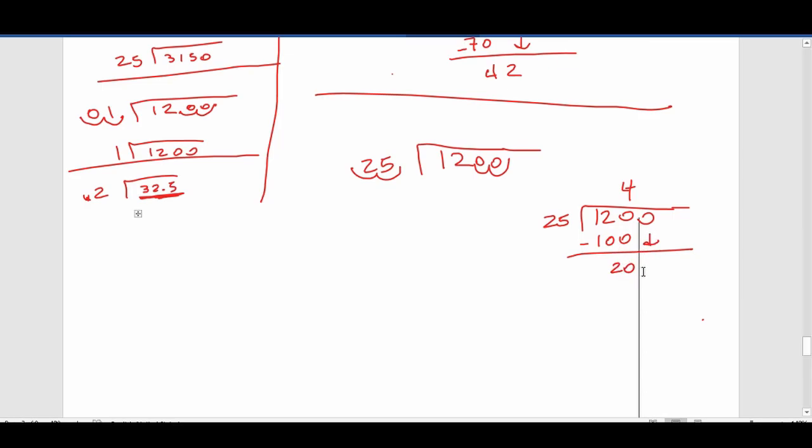Then we drop down this 0, and the question now becomes, how many times does 25 go into 200? 25 goes into 100 4 times, so 25 goes into 200 8 times. 8 times 25 is 200. Subtract 200 minus 200, 0, so we can see there's no remainder. So we can see here that 12 divided by 0.25 is 48.